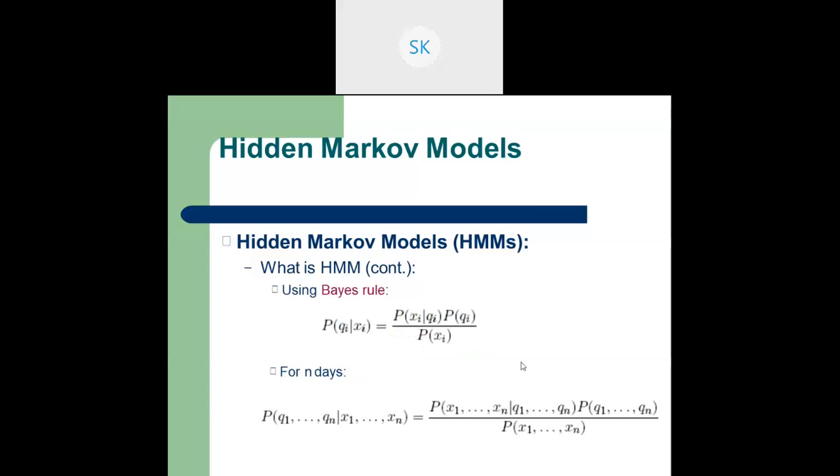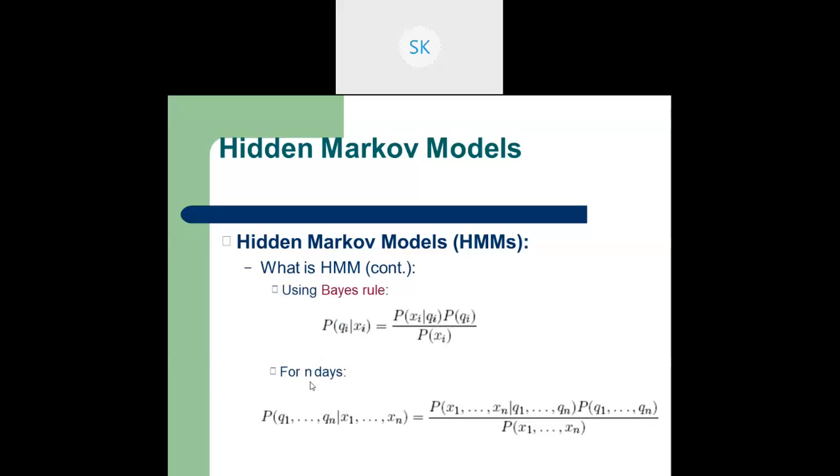Now, using the Bayes rule, the probability of Qi given Xi, where Qi is the weather tomorrow and Xi is the observation, something with the umbrella, is equal to the probability of the umbrella given the next day's weather, the probability of Qi, divided by the probability of Xi.